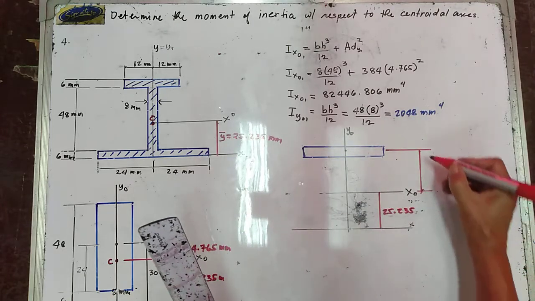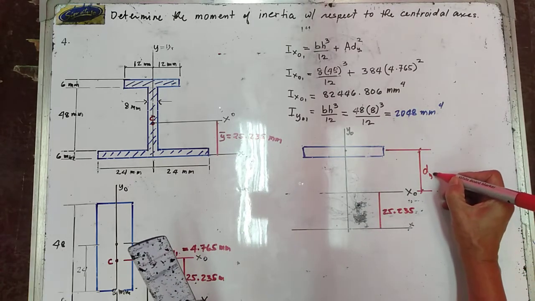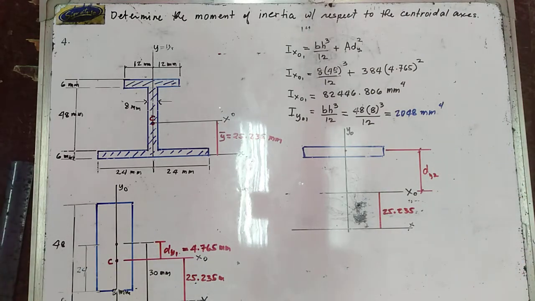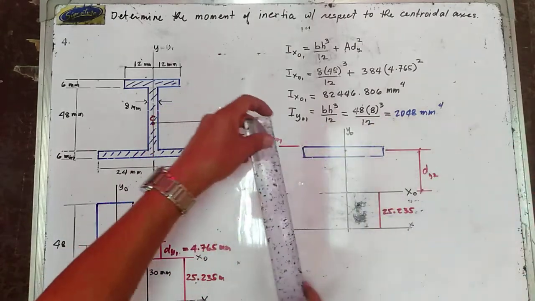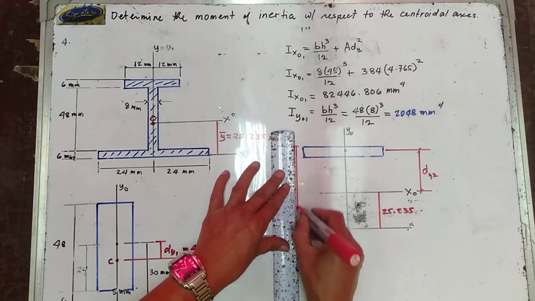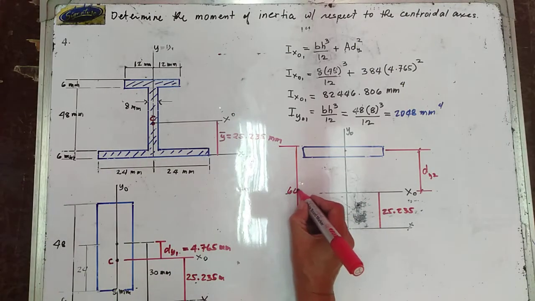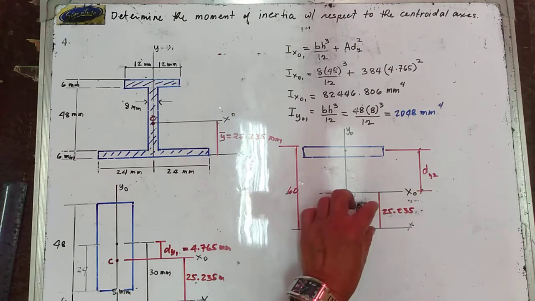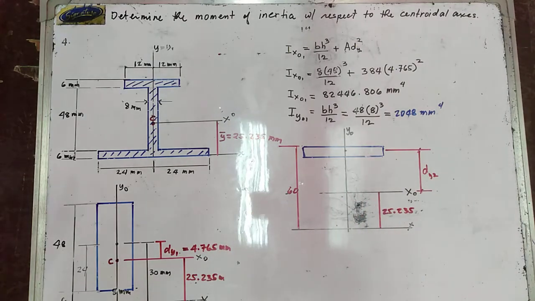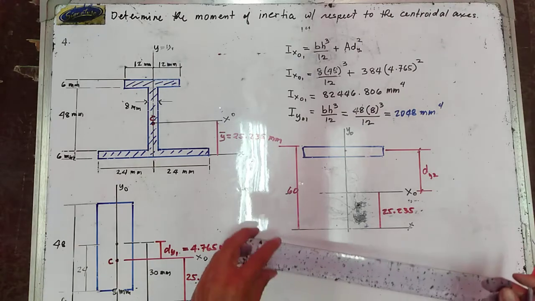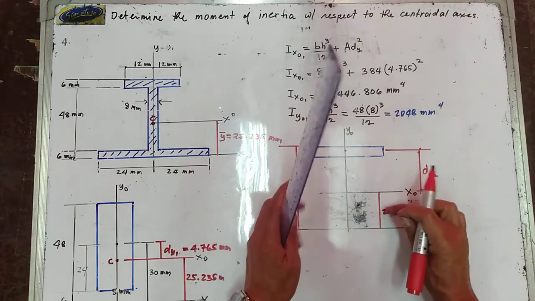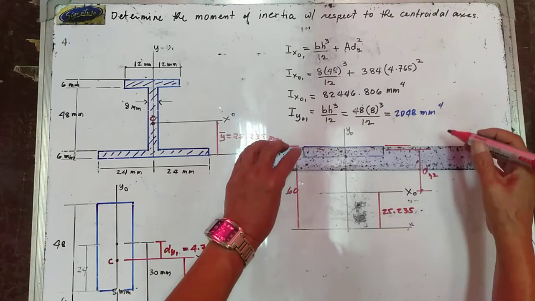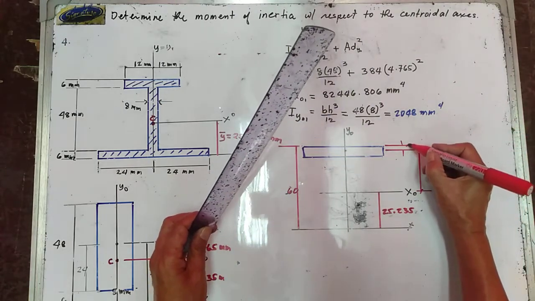so this is now your dy2. So your dy2 is equal to, from this up to this one is 60 millimeter. So 60 minus 25.235 minus 3, because this one in here is 3 millimeters.